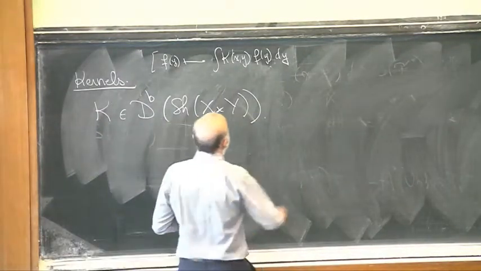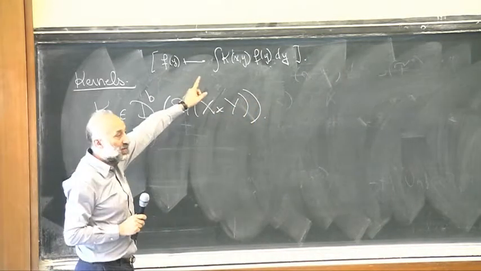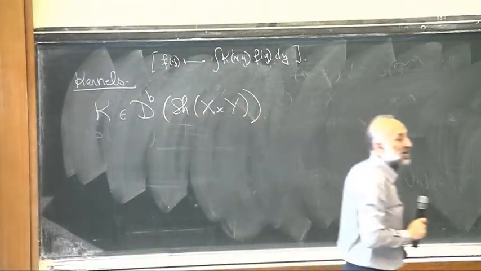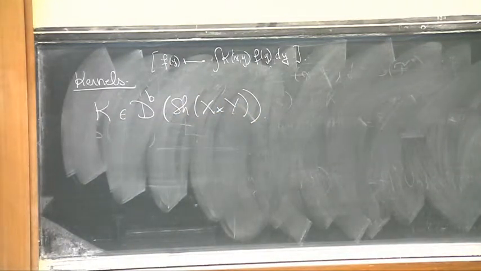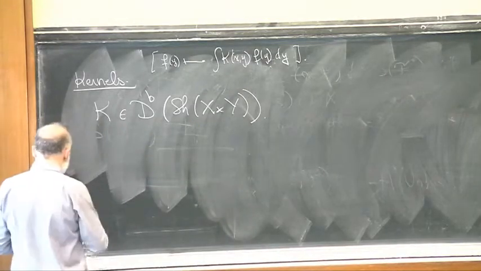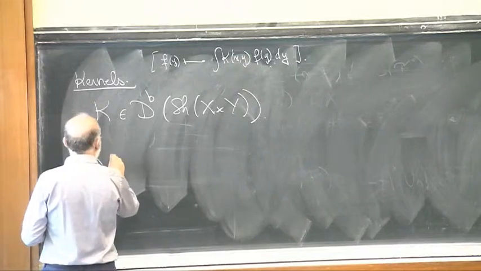So this is an operator given by the kernel K. And formally, what I'm going to do here is exactly the same as this thing here. And so the operator now is given as follows. So let's call it K tilde.